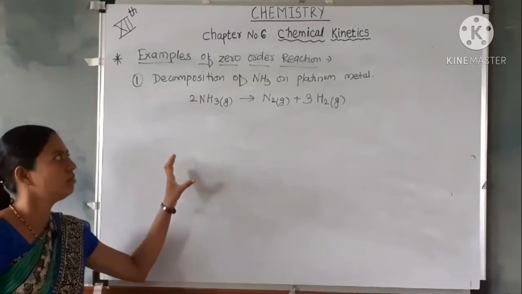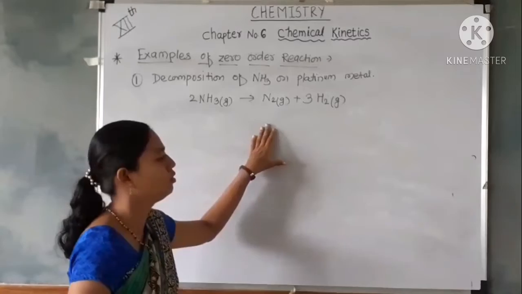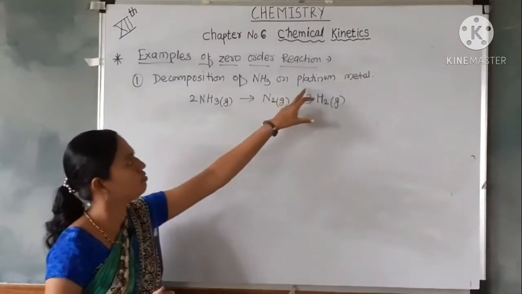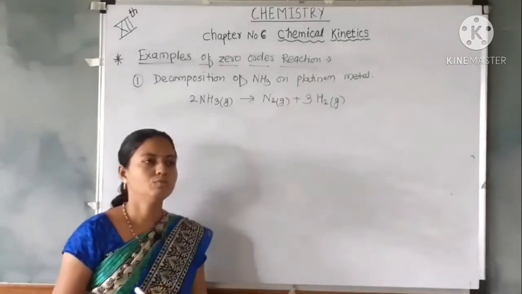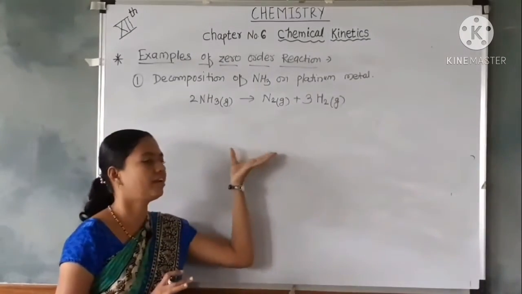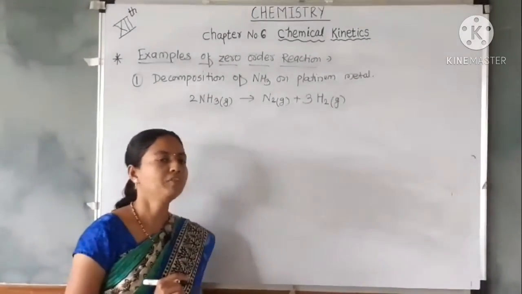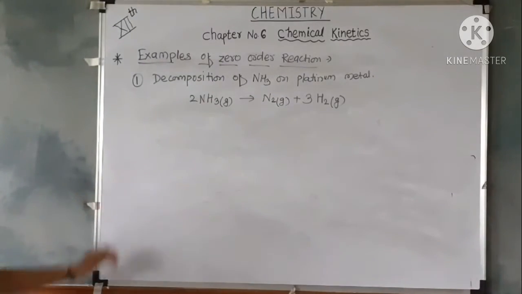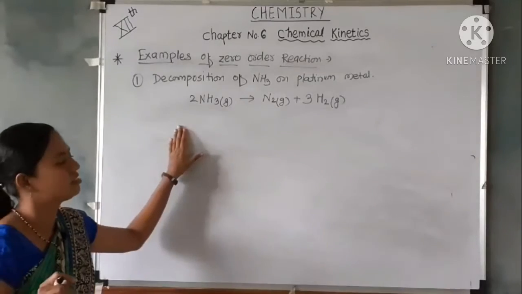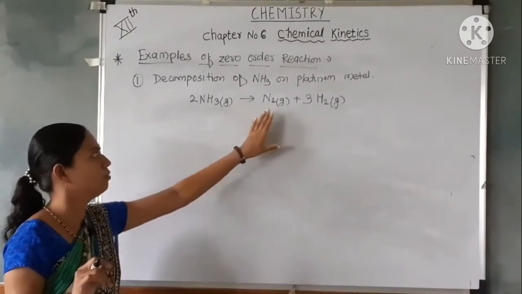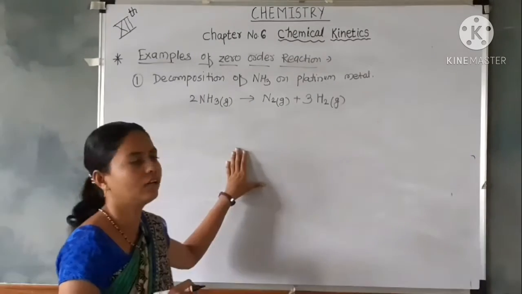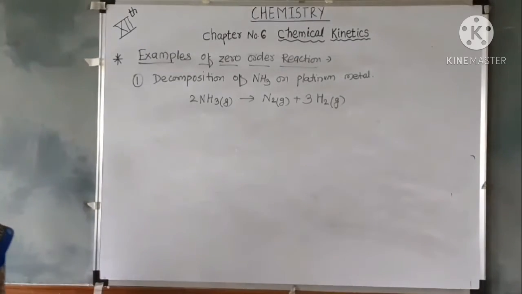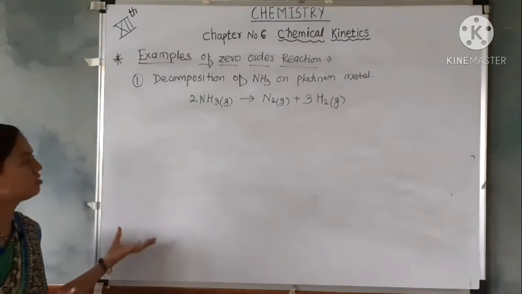So only some tiny fraction of molecules takes part in the reaction, and some molecules remain in the unreacted form of gas. Rate of reaction is independent of the total concentration of ammonia and remains constant.